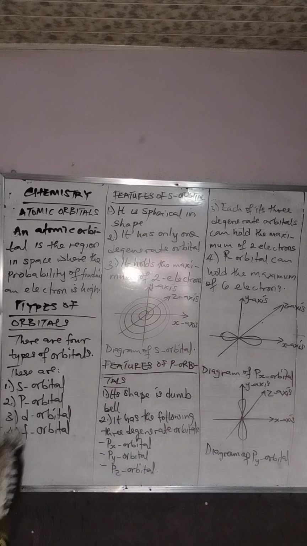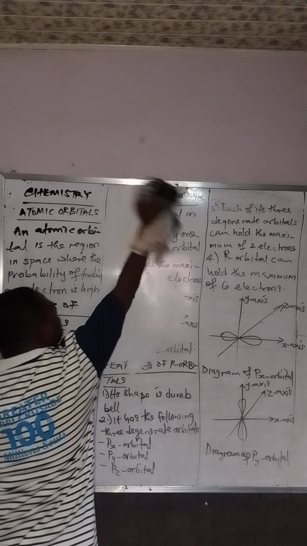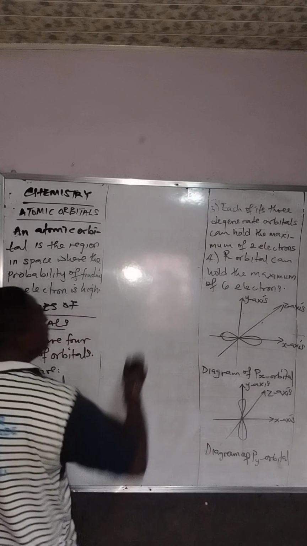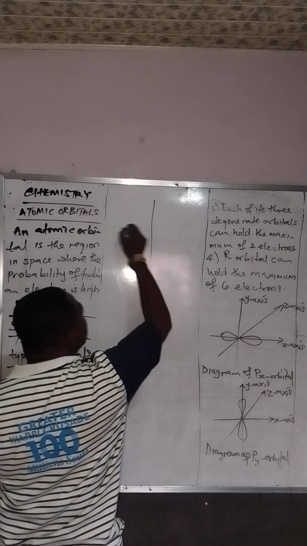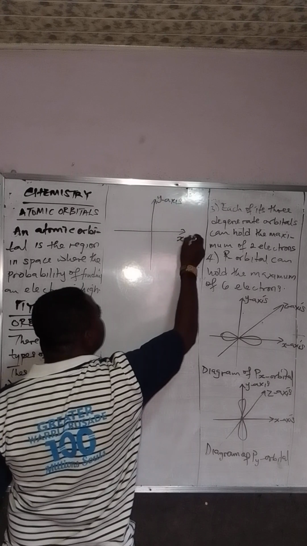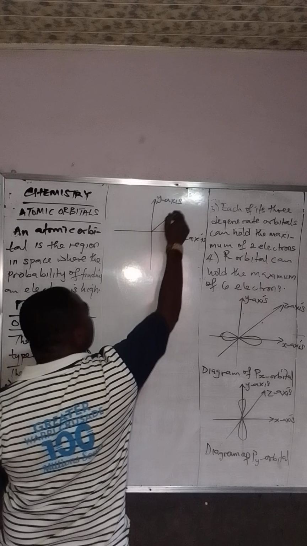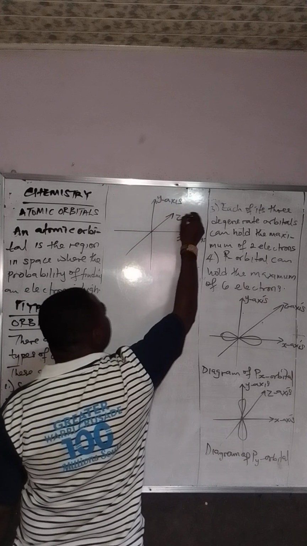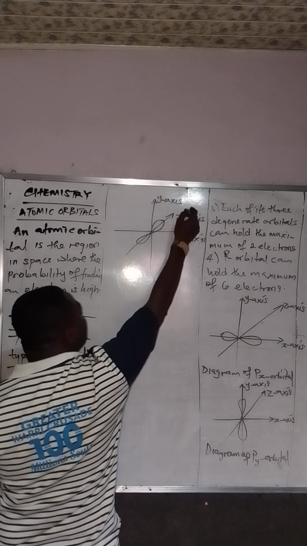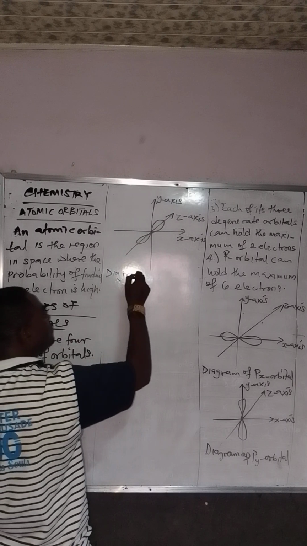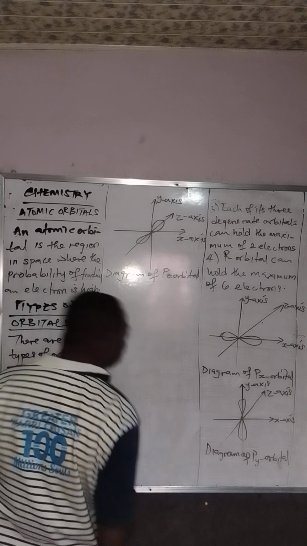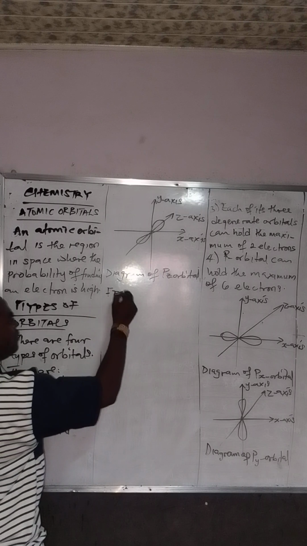Now, if I have something like this, y-axis, x-axis, and z-axis, and I direct my shape like this to go in the direction of z, what I have here is the diagram of Pz orbital. So that is that.